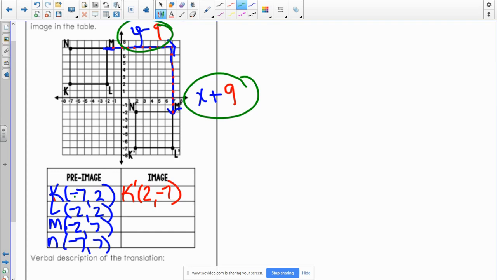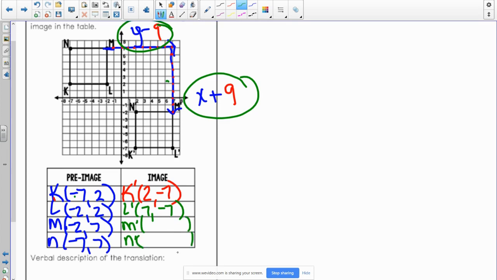So you can either physically look at the grid and the ordered pairs, or you can think about the algebra behind it. L prime, so again, I can look here. It's at 7, -7. Or I could have looked up here. You're going to add 9 to -2, which is 7, and subtract 9 from the y, which is -7.